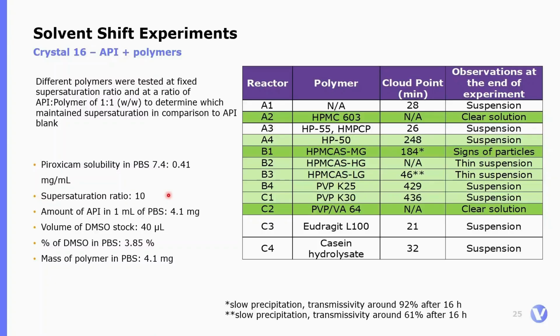The library included a diverse range of polymers, and we also decided to test casein hydrolysate as a protein-based excipient. The results were quite different, with some excipients failing to maintain the solution, with precipitation occurring almost immediately.